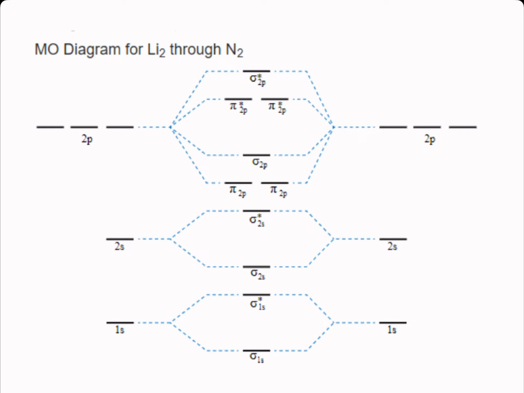We draw the molecular orbital diagram by showing the first atom on the left that's involved in the molecule, and we draw its electron orbital diagram. Then we put the second atom on the right and draw its electron orbital diagram, and the middle will describe the bonding between the two atoms.